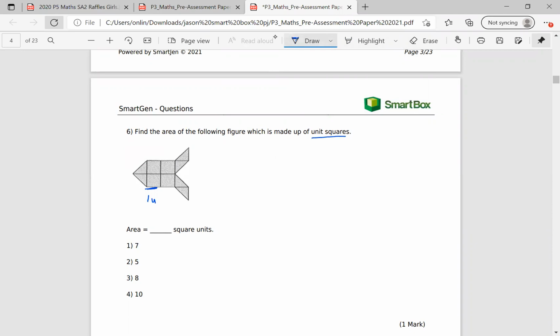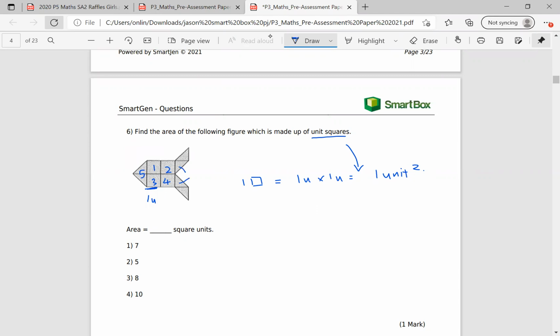To find area, basically 1 square will be equal to 1 unit times 1 unit, which means we'll get 1 unit square. That's what they mean here. And then we have 4 squares here: 1, 2, 3, 4. Then what we need to do is imagine this as our 5th square, because these two added together will give us 5.